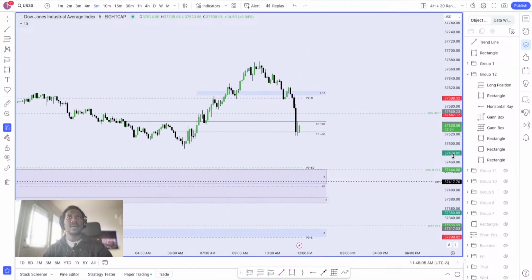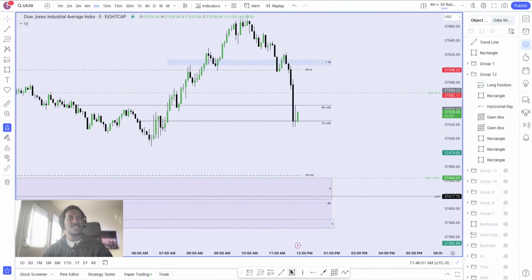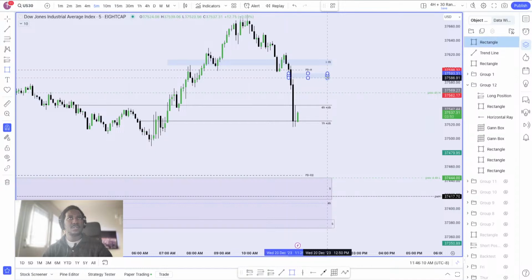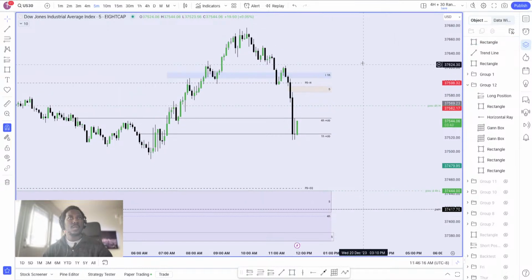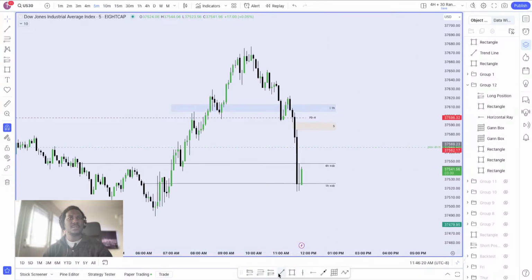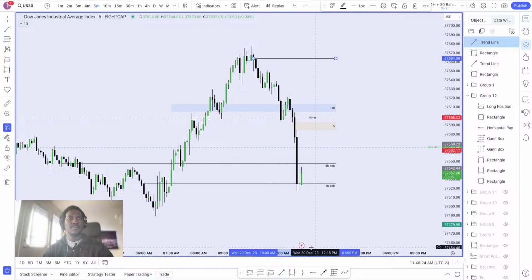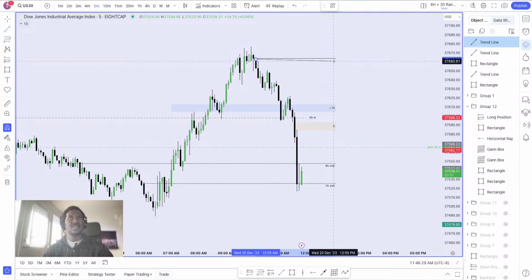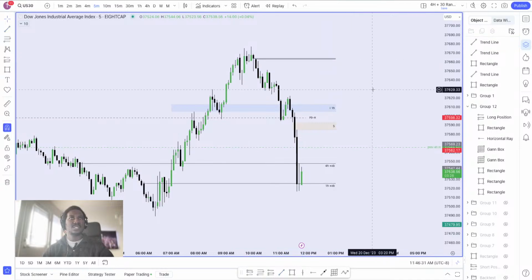Now looking up, we do have this 5 minute here. I'm going to mark that. There we go. And there is a little bit of 5 minute volume imbalance over there. I'll just have 2 lines. It's too tiny though, but it doesn't hurt.